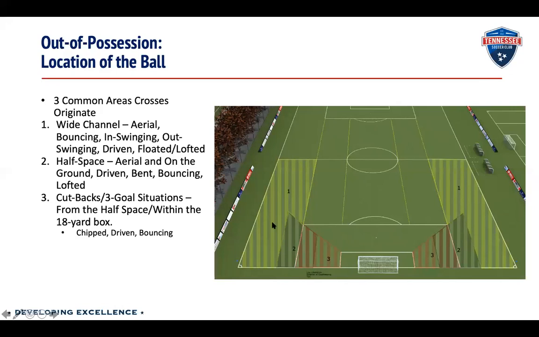The half space, okay? This space in here, this is a space where players are either going to shoot or cross, okay? And you have to be able to defend both of those. So it could bounce, it could be lofted, it could be driven, it could be floated. There's so many different options in there. And then this cutback space, okay?